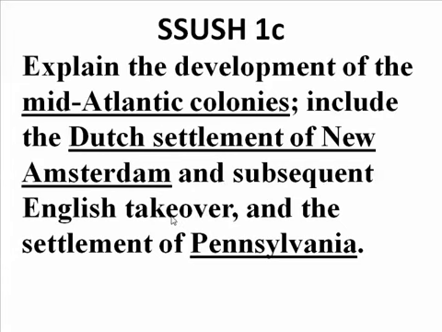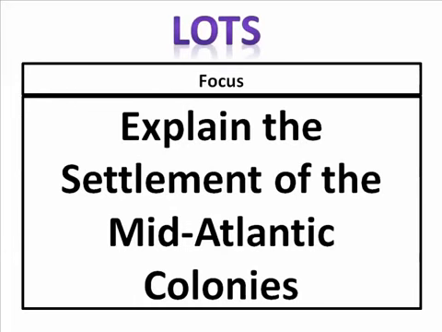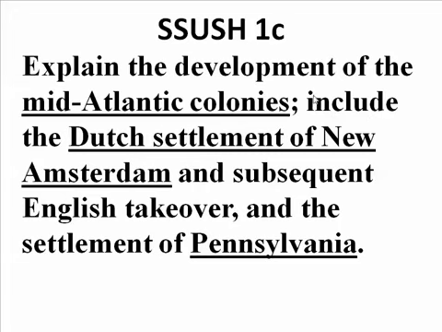So obviously the Dutch are not going to own it very long. And then comma, and the settlement of Pennsylvania. So let's look at our focus here. It says explain the settlement of, and after a semicolon we see the magic word again, include. These are our standards telling us what we need to include, what's most important out of everything involved in the development of the mid-Atlantic colonies. In other words, you're going to be tested on this.